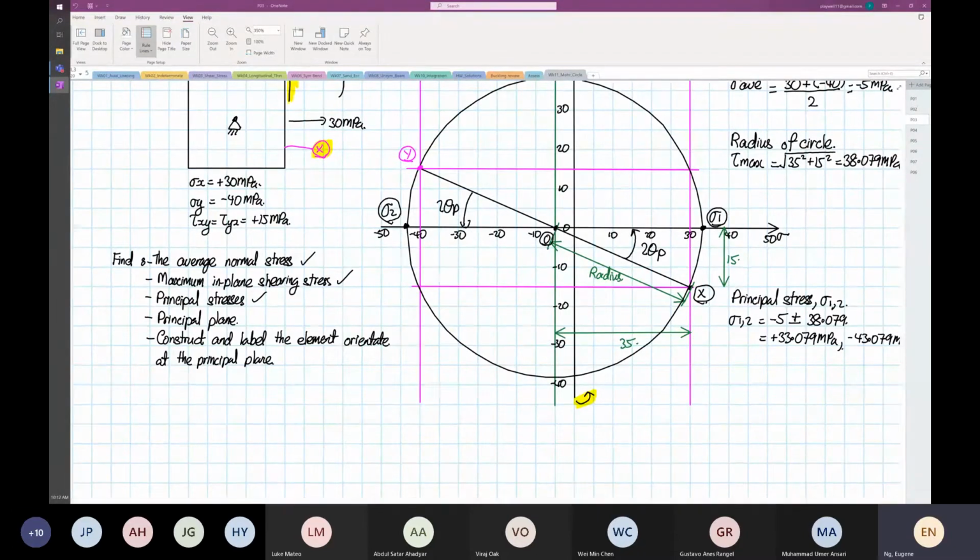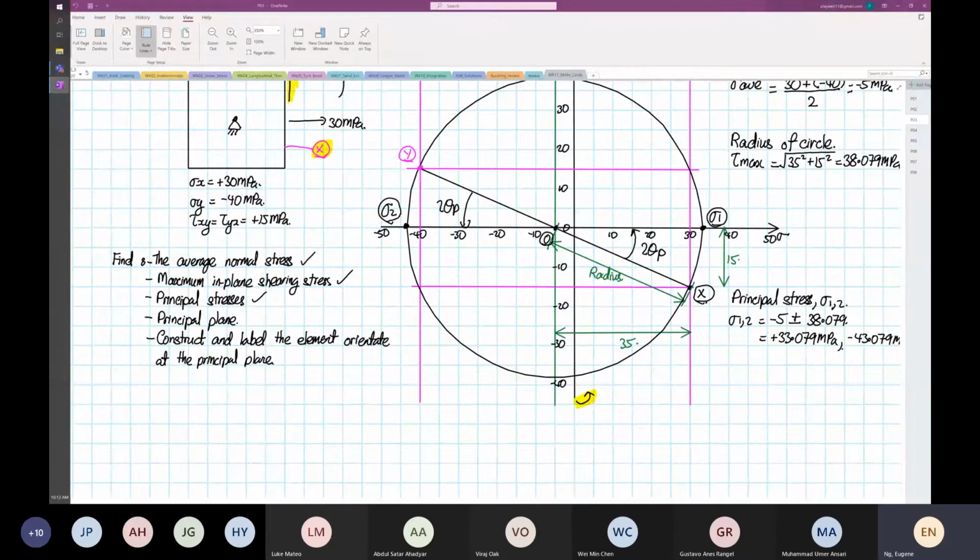So now we're going to calculate the 2 theta P. As I just mentioned, you can calculate from point X or from point Y, it does not matter. 2 theta P is basically from the element. We're going to rotate the element, or move point X or point Y to stress 1 and stress 2, where the shearing stress is equal to 0.